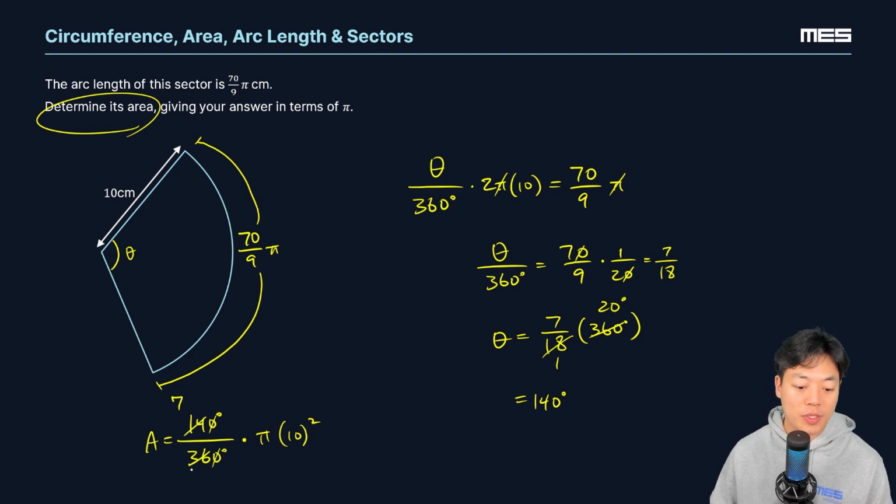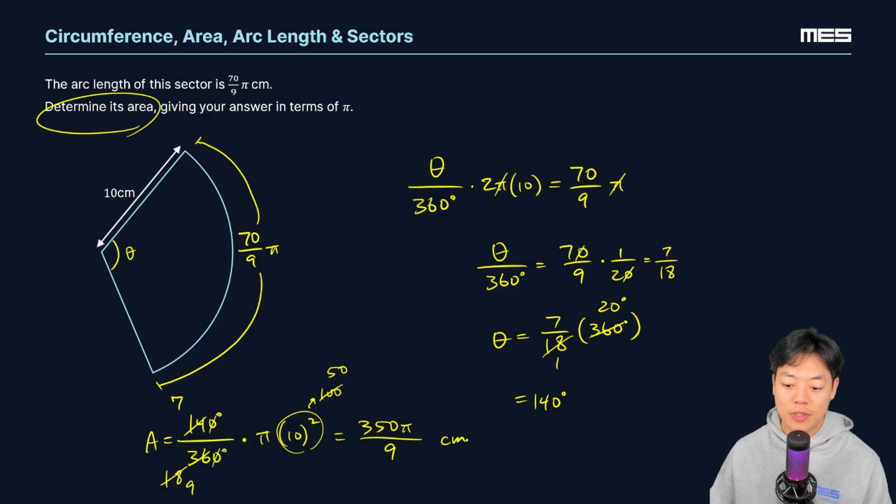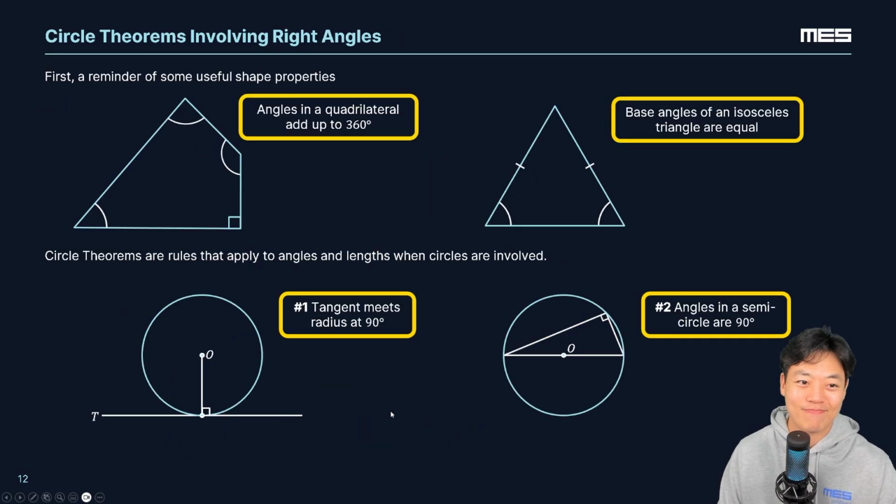They're also both divisible by 2. 10 squared is 100, and 100 is divisible by 2, so is 18. So now we have 7 times 50, which is 350. Don't forget the pi, all over 9, and centimeters squared would be the area of the sector which we wanted.